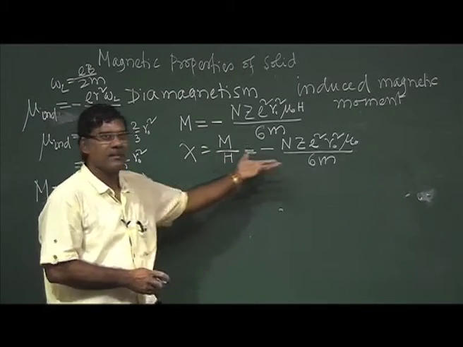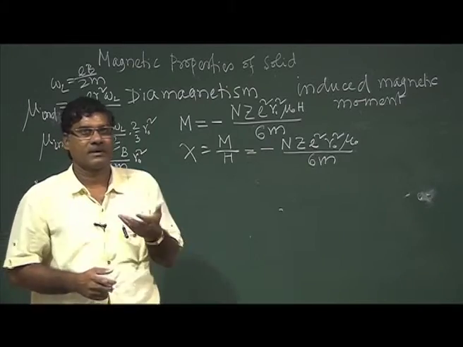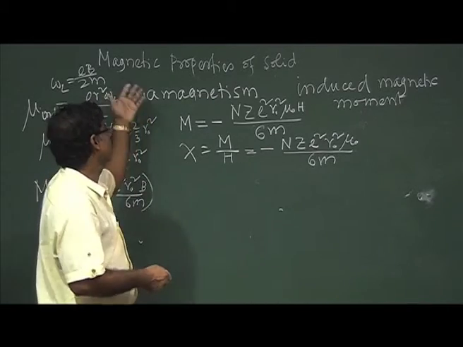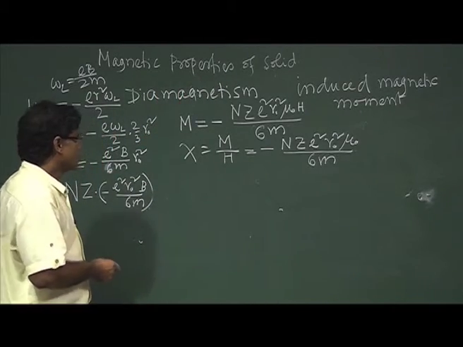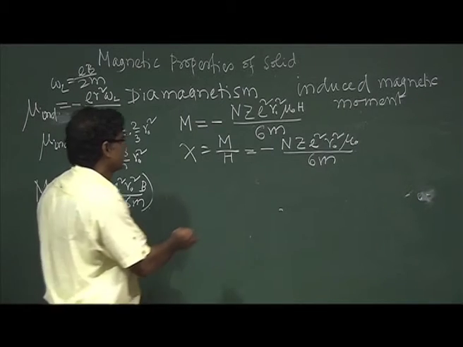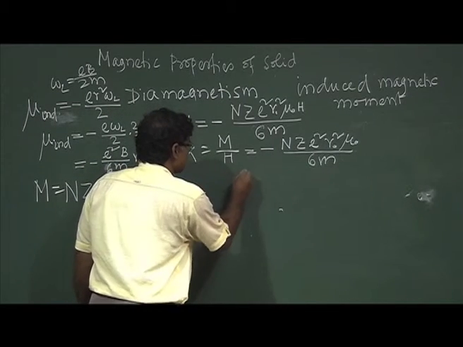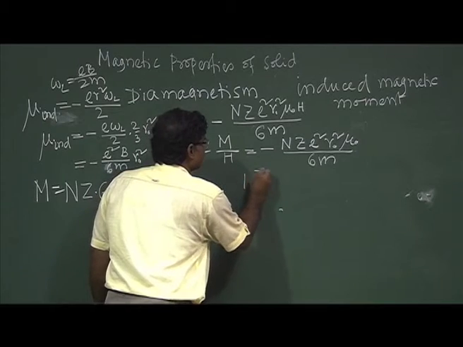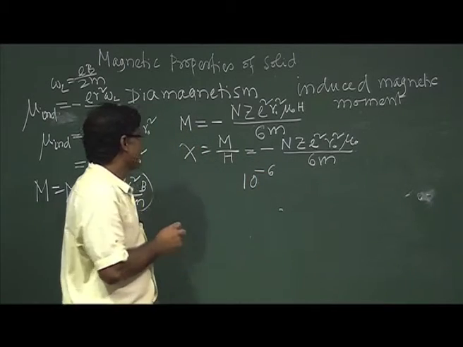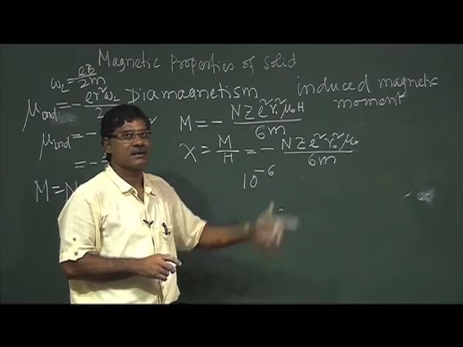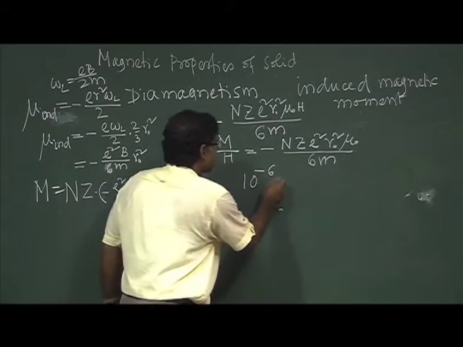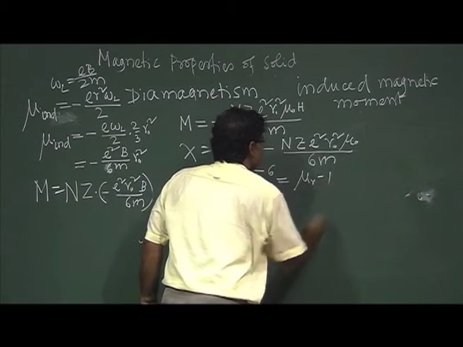This is the diamagnetism of solids. Here chi is in the order of 10 to the minus 6, and chi, you know, is mu r minus 1.